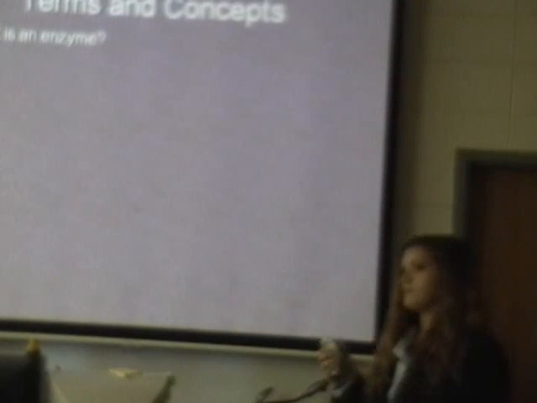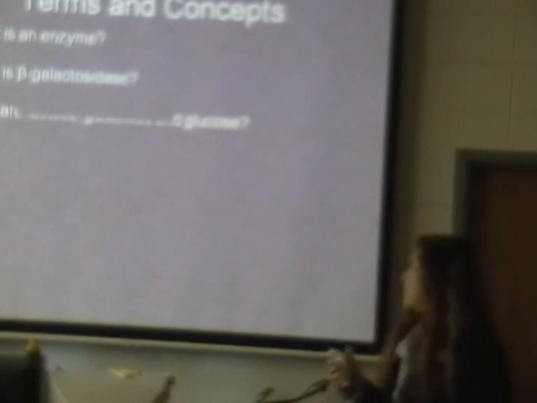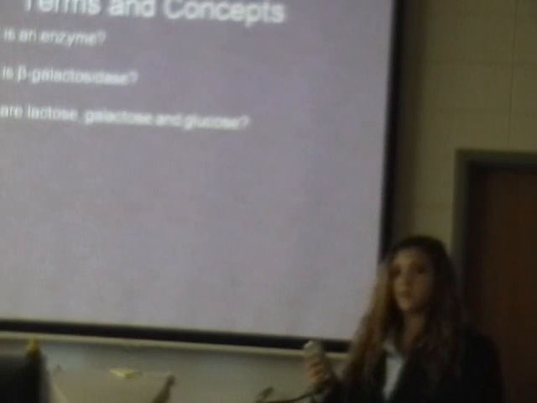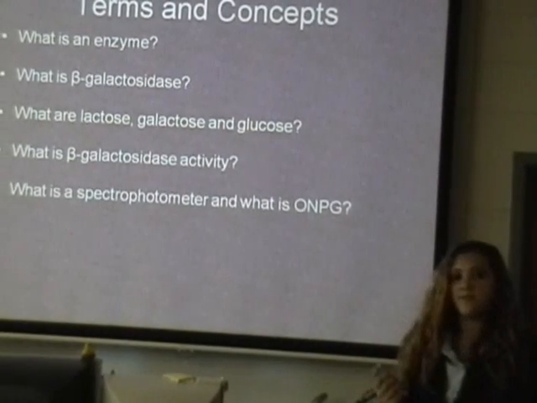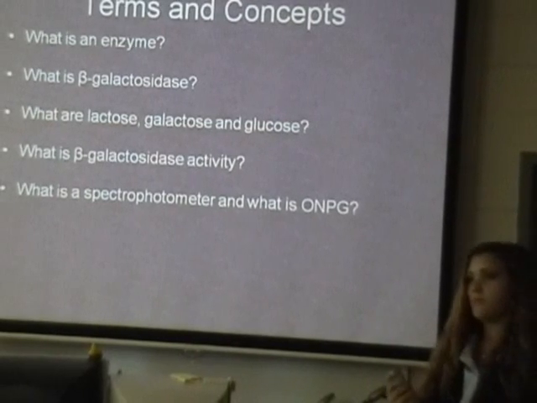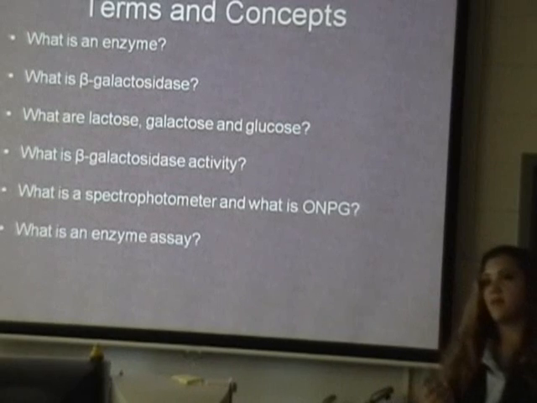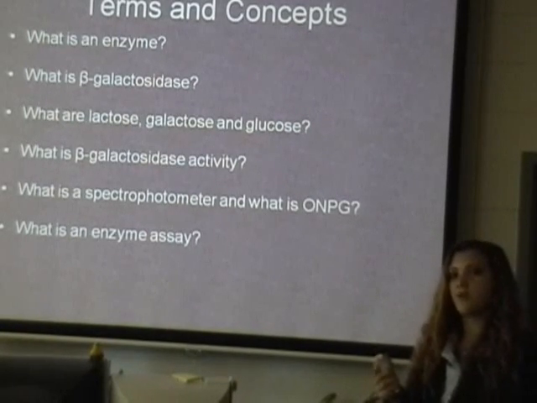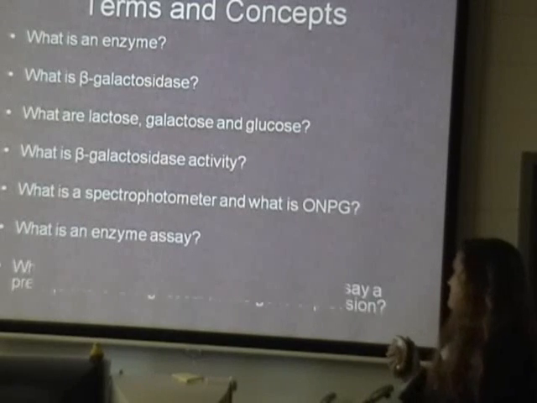What is an enzyme? What is beta-galactosidase? What are lactose, galactose, and glucose? What is beta-galactosidase activity? What is a spectrophotometer, and what is MPG? And last, how is doing a beta-galactosidase enzyme assay a prerequisite for research into gene expression?